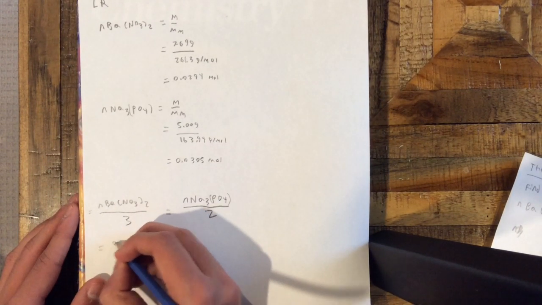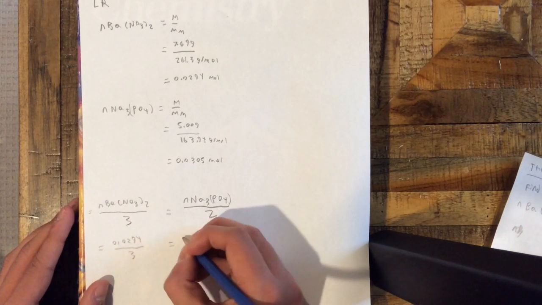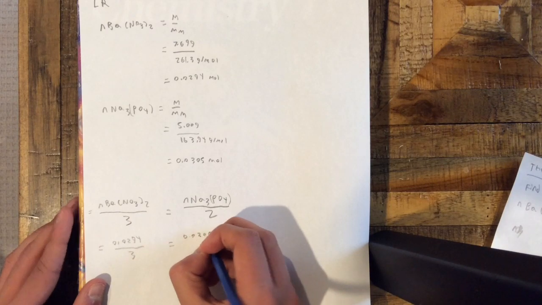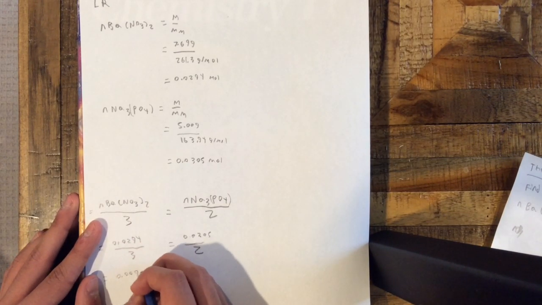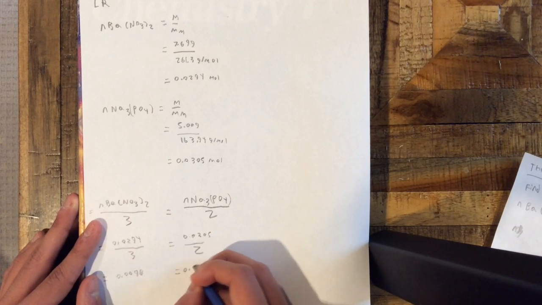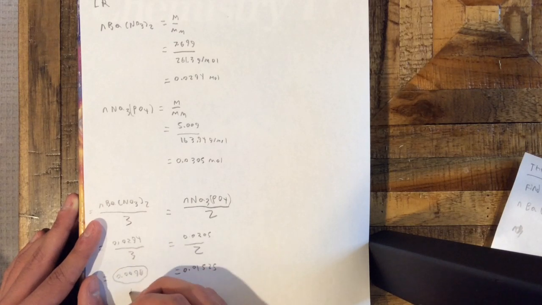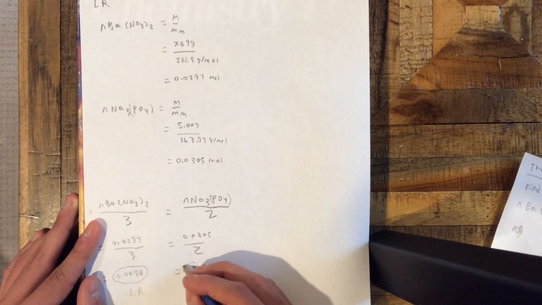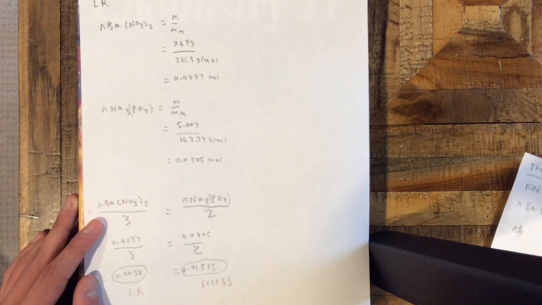This leads us to get 0.0294 over 3 and 0.0305 over 2. These come out to 0.0098 and 0.01525. Because this one is smaller, it is the limiting reactant, making this one excess.